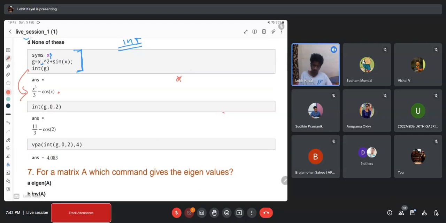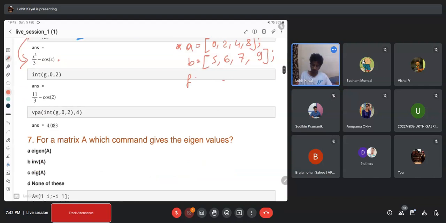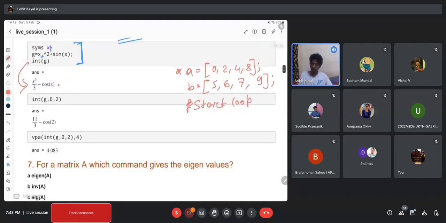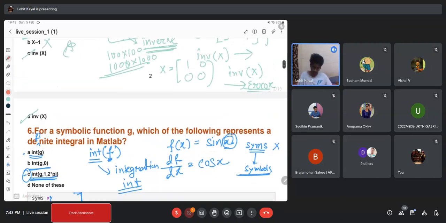So suppose you have various lower and upper limits. Suppose a equal to 0, 2, 4, 8, where a is the lower limit, and b is the upper limit, suppose 5, 6, 7, and 9. Just start the loop, and each element of this is just like a matrix.